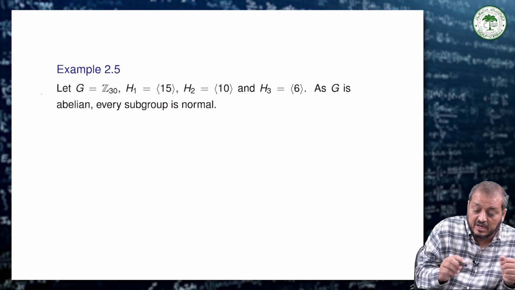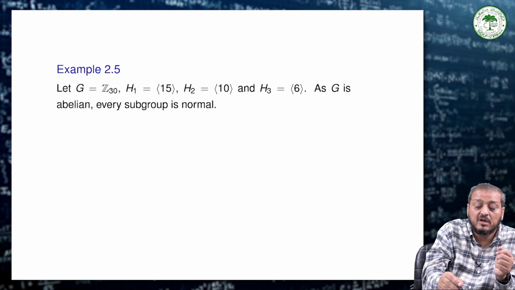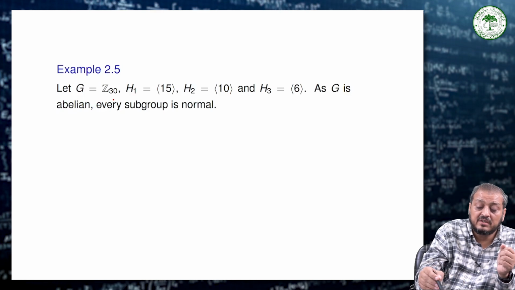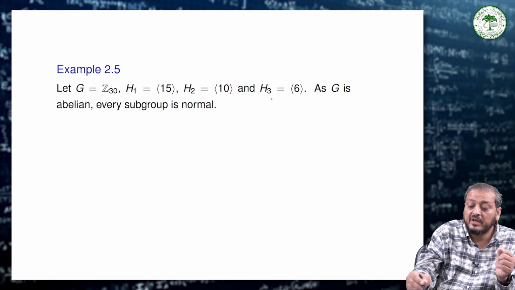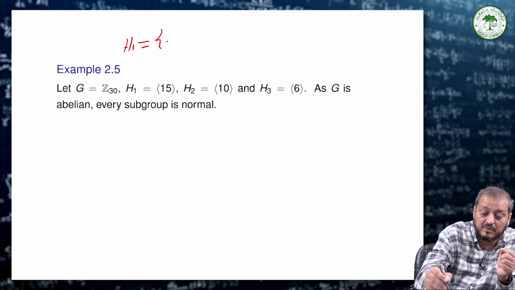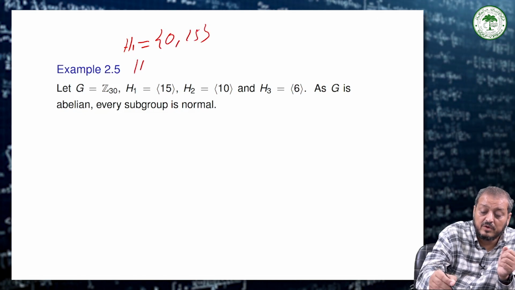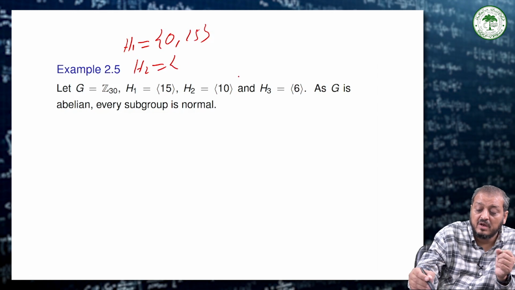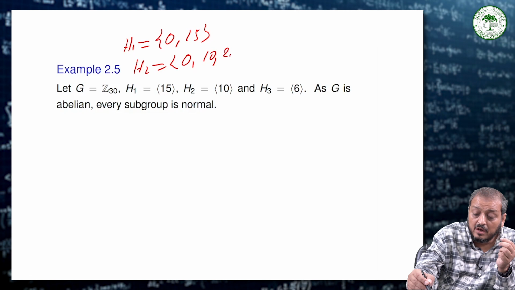Okay, let's discuss this example. G is equal to Z30, and H1 is generated by 15, H2 is generated by 10, and H3 is generated by 6. H1 generated by 15 has the elements 0 and 15. H2 generated by 10 has the elements 0, 10, 20.